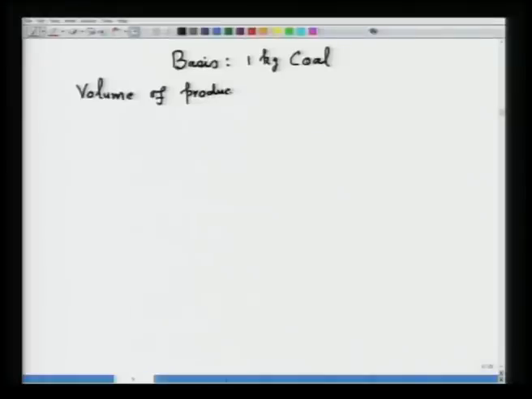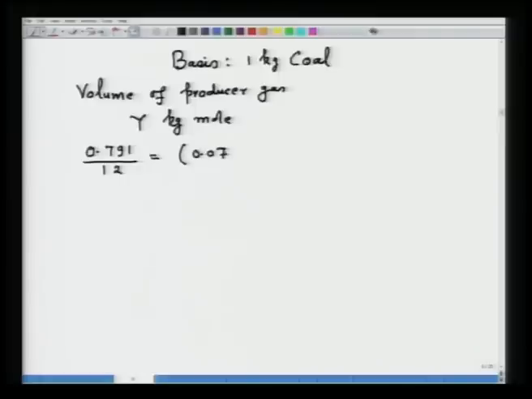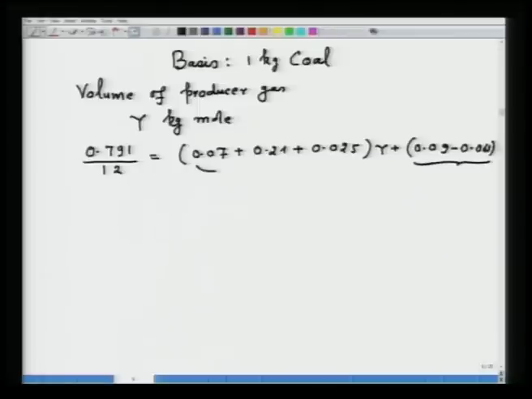So, the volume of producer gas you have to find, and as I illustrated in the beginning, if we take Y kg mole as the volume of producer gas, and do the carbon balance, I am simply straight away writing the carbon balance: 0.791 upon 12 is equal to 0.07 plus 0.21 plus 0.025 into Y plus 0.09 minus 0.061, that is the carbon in ashes, and this is carbon in producer gas.